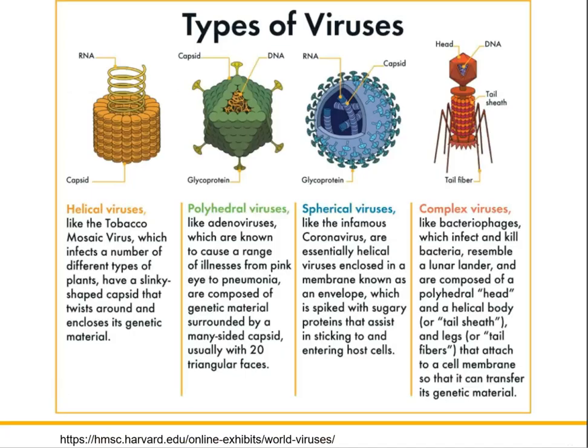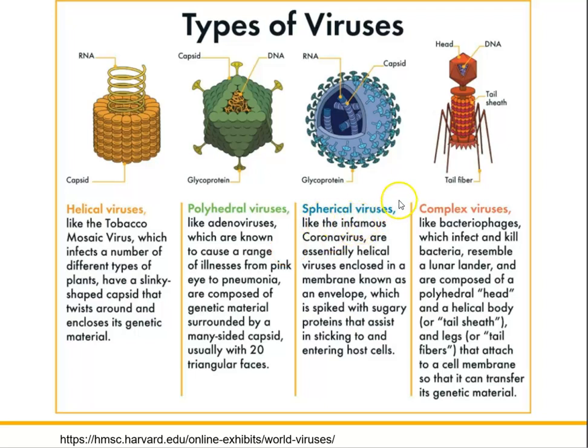So here you can see an example of a helical virus. You can see the RNA is kind of wound into a spring, and the capsid encircles it, creating a cylinder. Then you've got polyhedral viruses. You've got the nucleic acid inside, and then usually an icosahedral shape, so with 20 sides, but they can be other shapes as well.